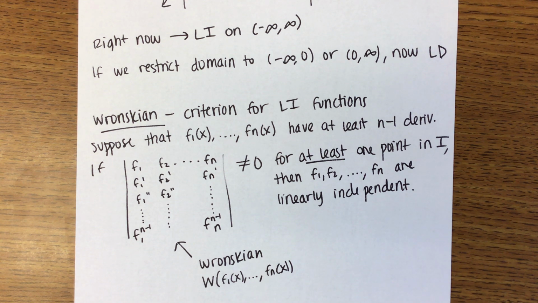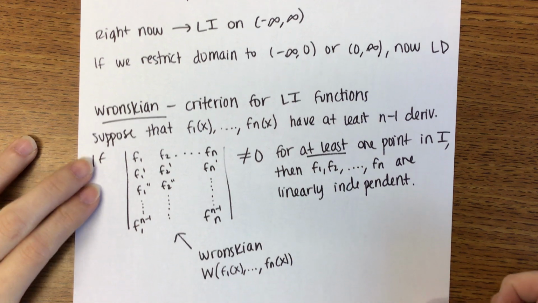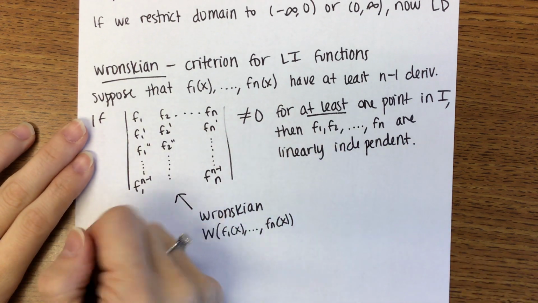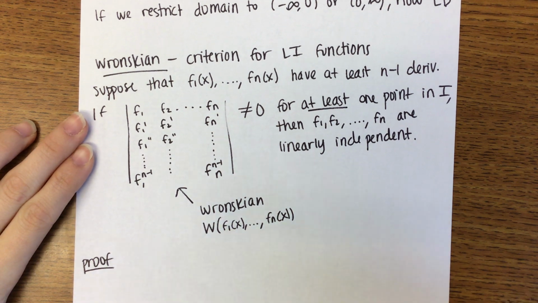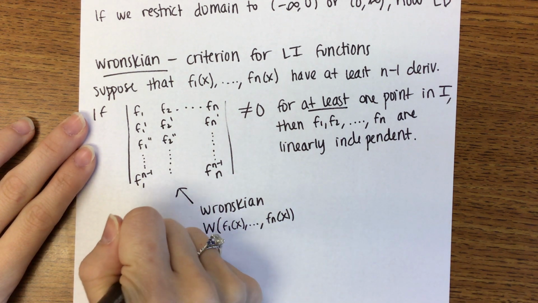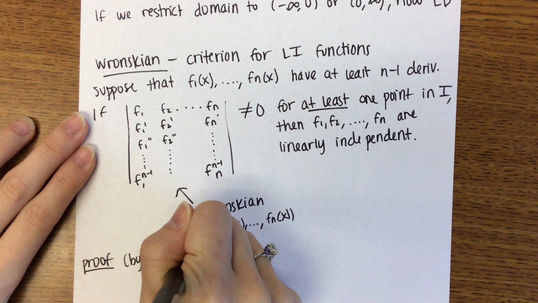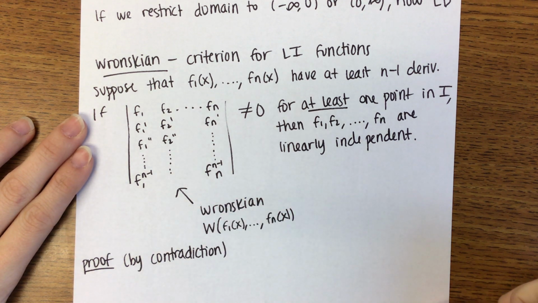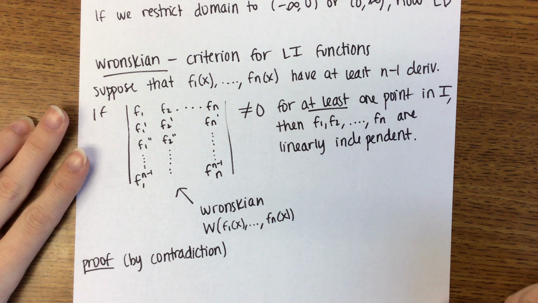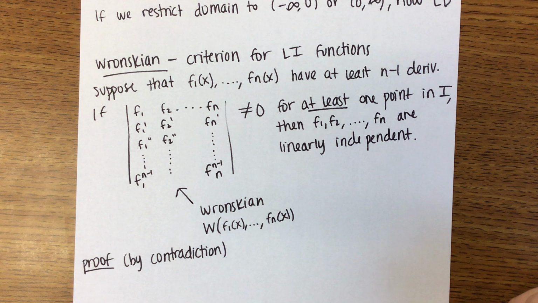Before we actually use the Wronskian, we're going to prove why this is the case. We're going to do something called a proof by contradiction. Have you guys done a proof by contradiction before? Maybe not.